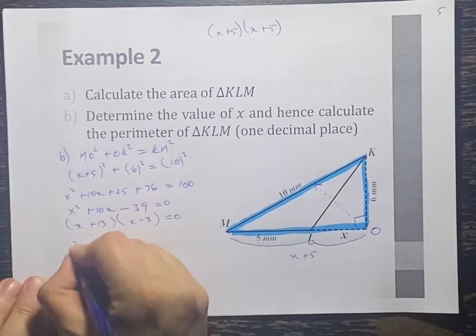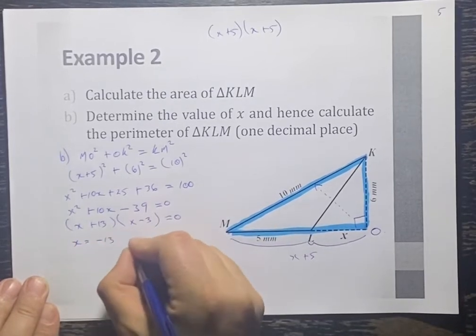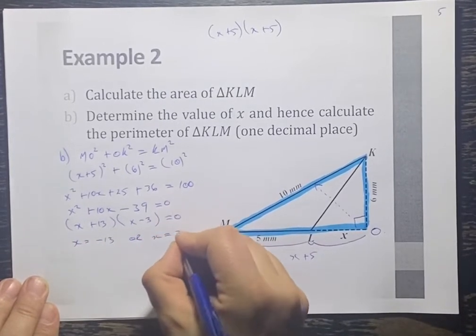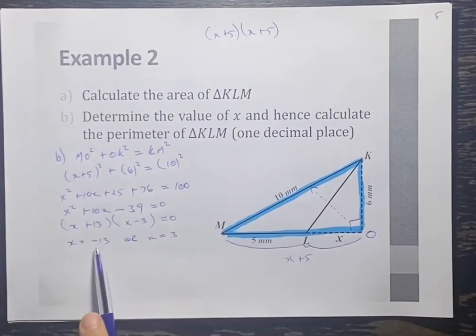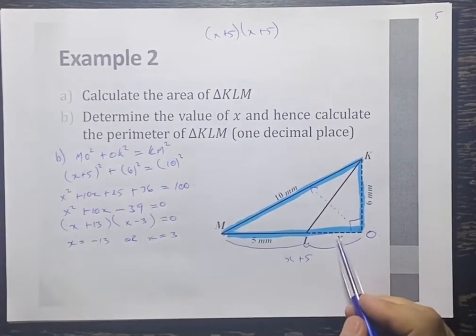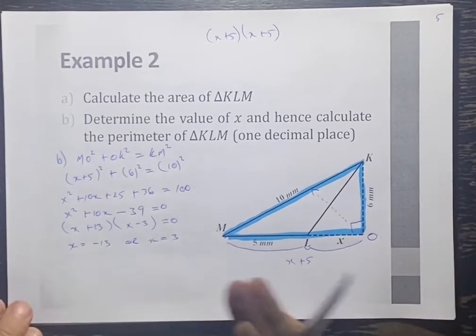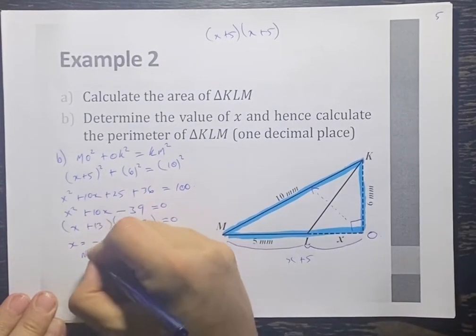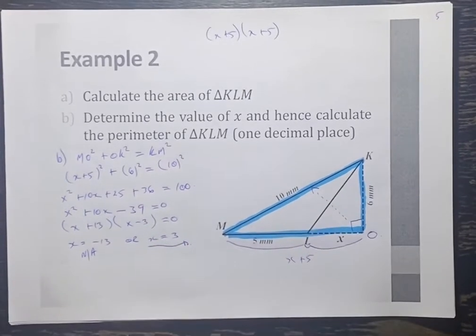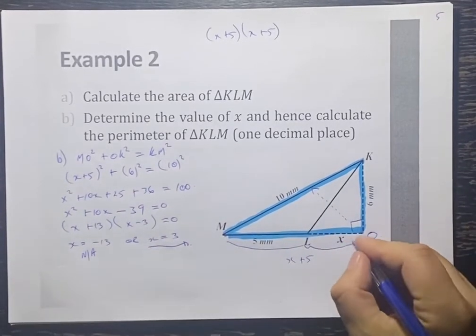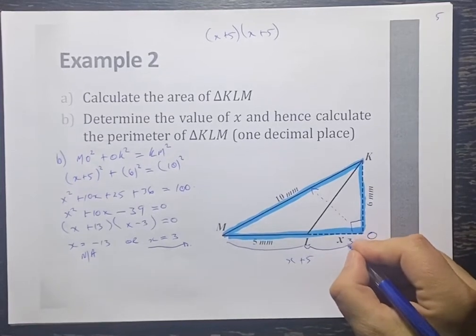So that means that x is equal to minus 13 or x is equal to 3. Now, which one is it? Well, it can't be minus 13 because having a negative length doesn't make sense. So this one here is not applicable. So x value is 3. Okay, so now we know that this value is 3.